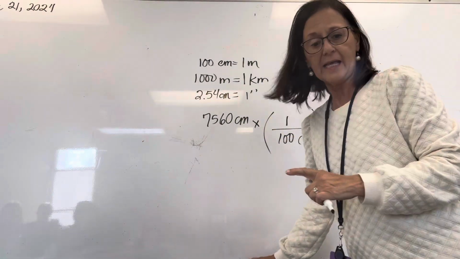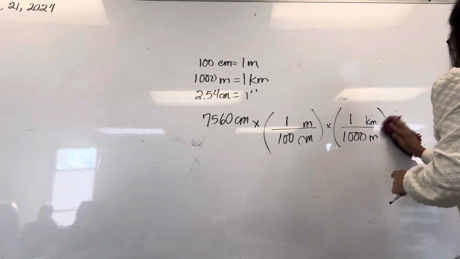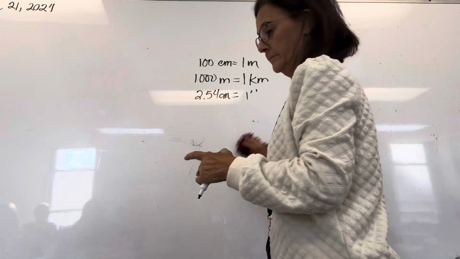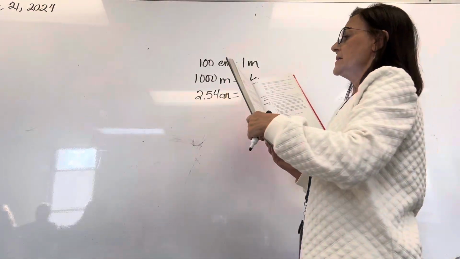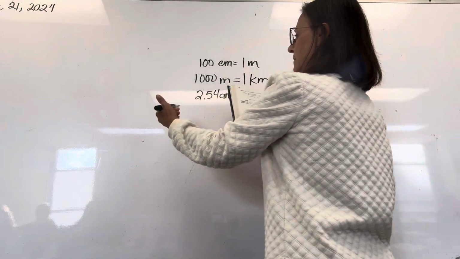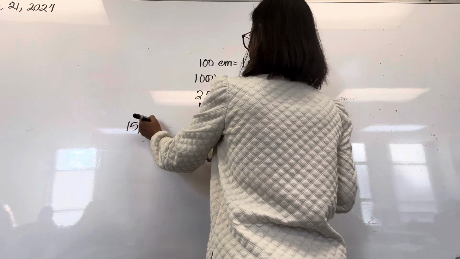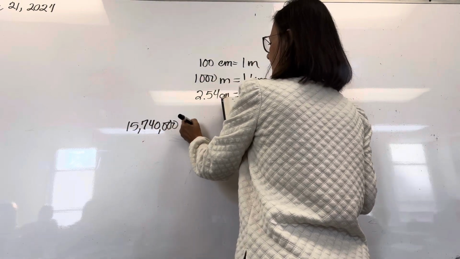All right, let's look at the second example. Example 2 on the top of page 230 says use unit multipliers to convert 15,740,000 square centimeters.